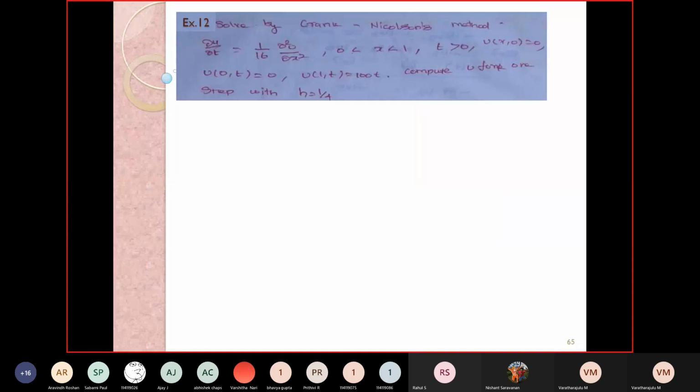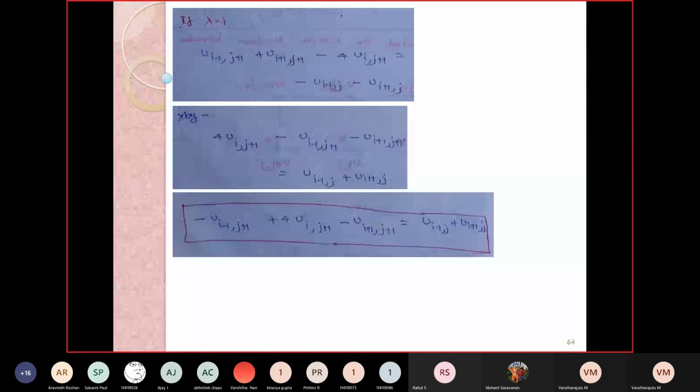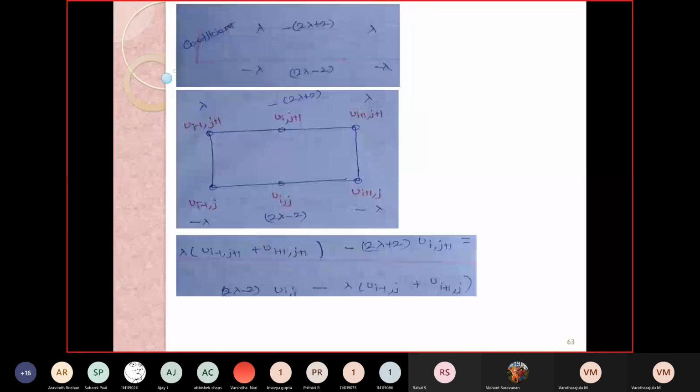Then we can solve the problem. Do you have any doubts about the Crank Nicolson derivation? Do you need any clarifications? Please remember this formula, this picturization, and these formulas.